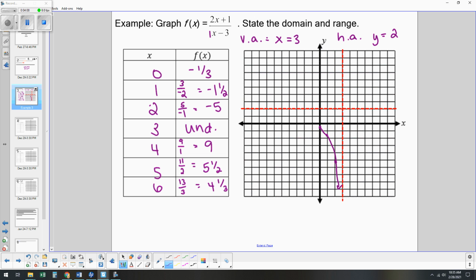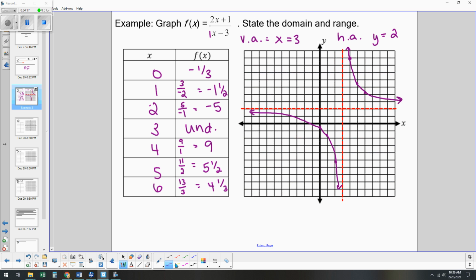So here I now have more room to go like this and get really close to it. All right, then I have 4, 9, 5, 5.5, so 3, 4, 5.5. And then 6 is 1, 2, 3, 4 1/3. And we'll give it some time there, like that.